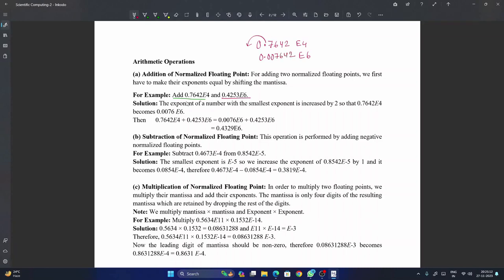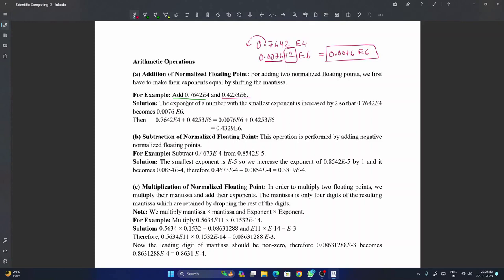But the problem is your machine can only store 4 mantissa digits, so it will neglect the 4 and 2. Now this is 0.0076 e6, that is the problem. If your machine can hold more digits in the mantissa, your error will be less, but otherwise it will cut like this, because it can only take 4 digits. It will truncate the numbers after the 6 and only take 0.0076.